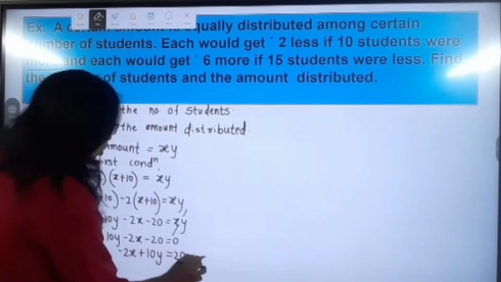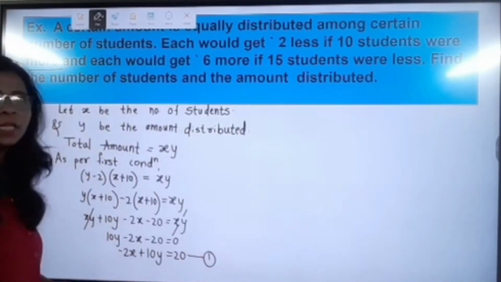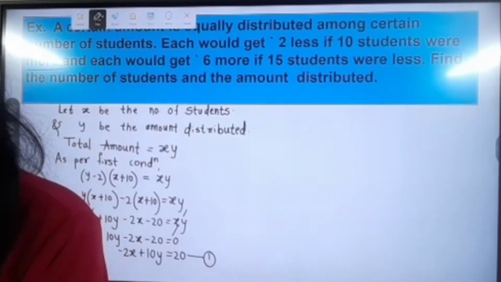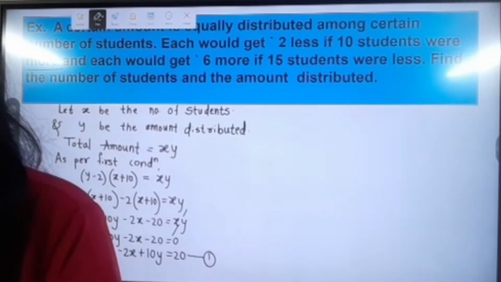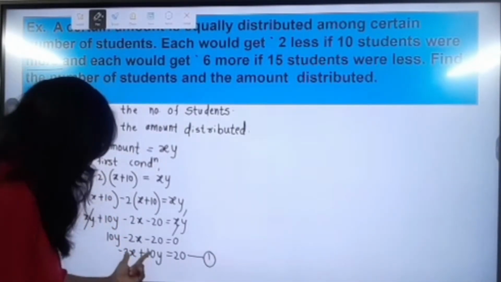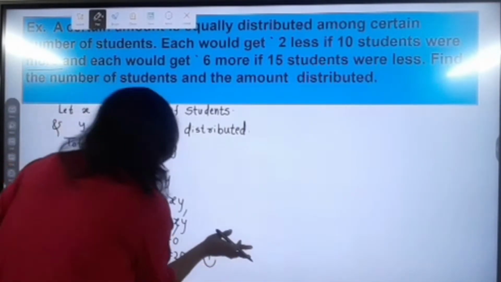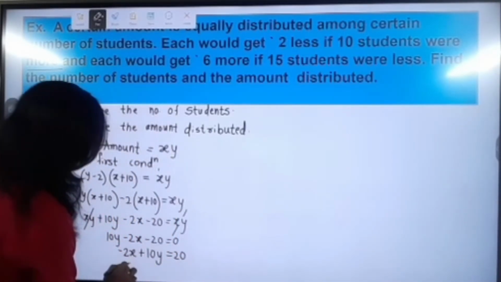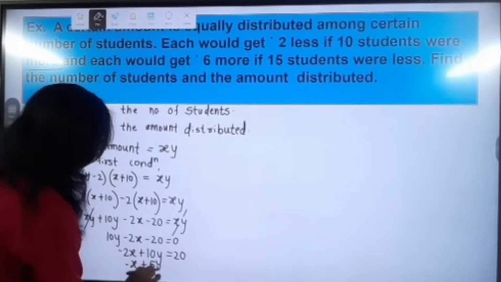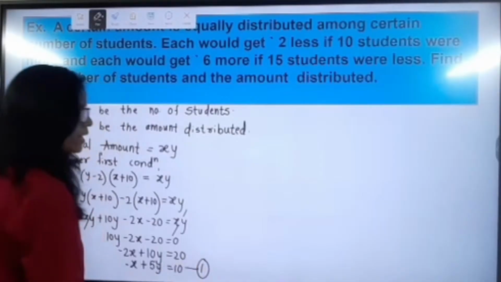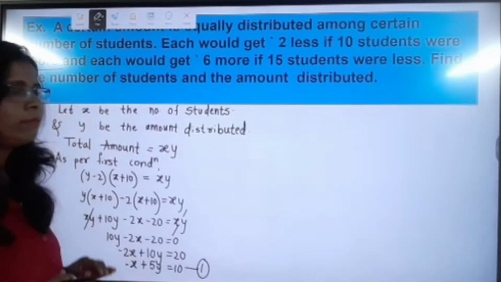We can further simplify by dividing both the sides by 2, so I get minus x plus 5y is equal to 10. We call it the first equation.